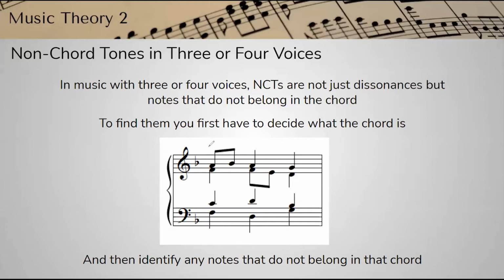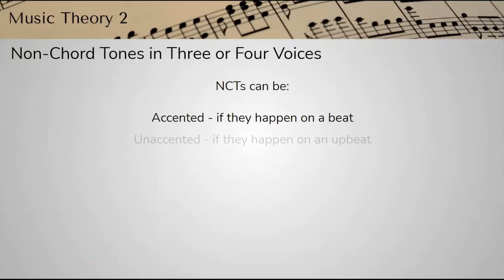So beat 1 is there, and then this is the and of beat 1. So that non-chord tone is unaccented. Same thing with this. The chord happens on beat 2, but this non-chord tone happens on the and of beat 2. So that's an upbeat. So both of these are what we call unaccented non-chord tones. Okay? If they had happened on the downbeat, then we would have called them accented, but they didn't.